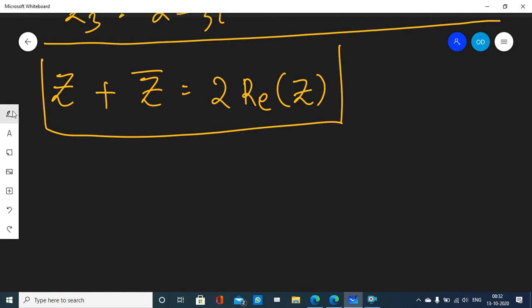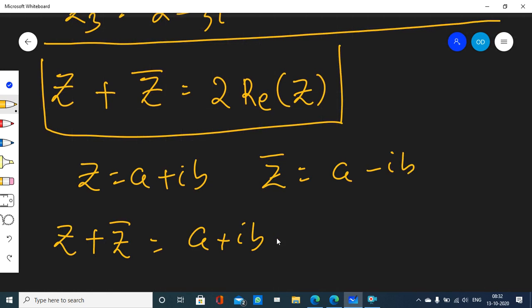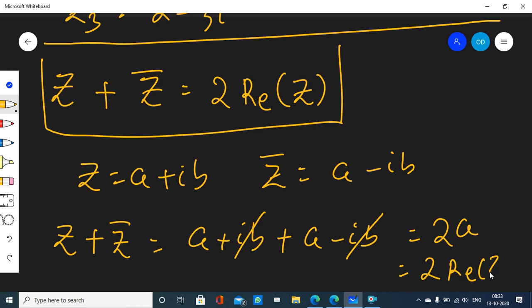If z = a + ib, then z conjugate is a - ib. Now if you add them up, z + z conjugate, then a + ib + a - ib; ib minus ib cancel, and you get 2a, which is 2 times the real part of z.